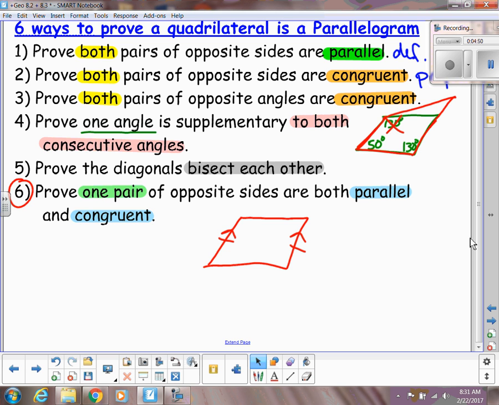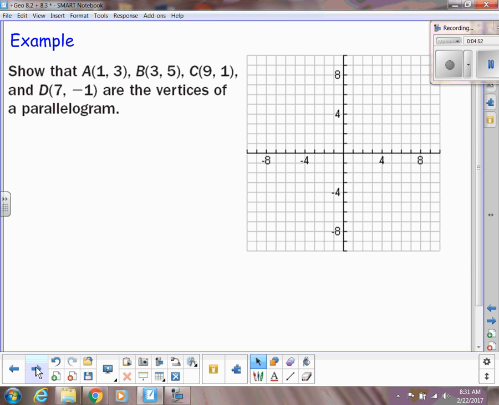So let's actually apply these properties and see what we can do. So one way you might be asked to do this is using coordinates. So if I have these coordinates of a quadrilateral, I have (1, 3) is A, (3, 5) is B, C is (9, 1), and then D is (7, -1).